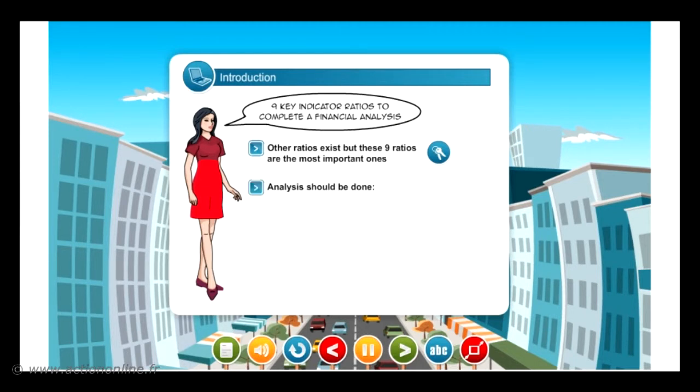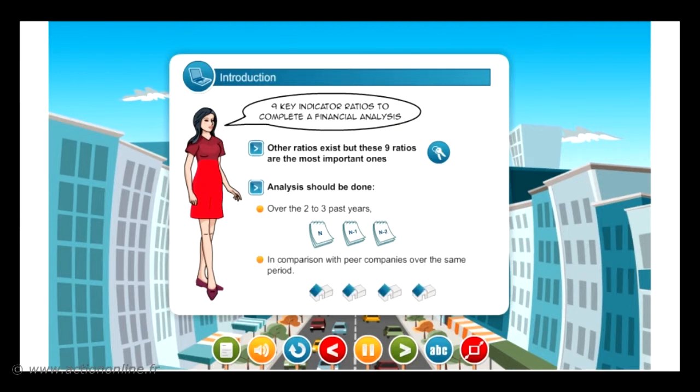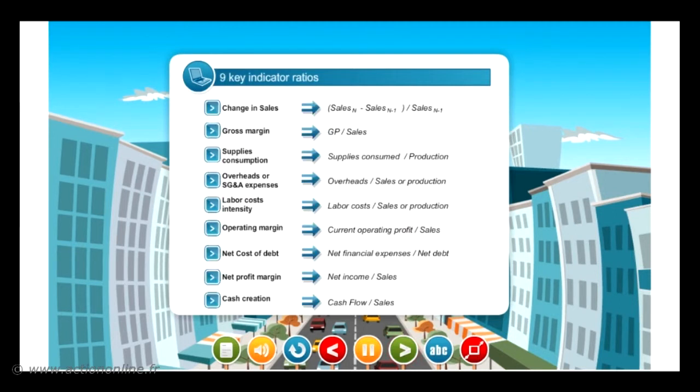However, to be fully meaningful, these ratios have to be analysed over the 2 or 3 past years and in comparison with the peer companies over the same period. Here are the 9 key indicator ratios to measure the operational efficiency of a company. Roll over the formula to have a description.